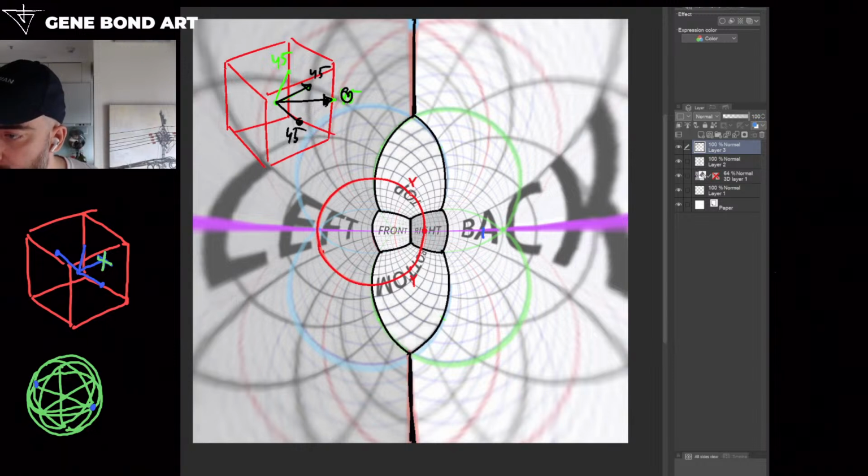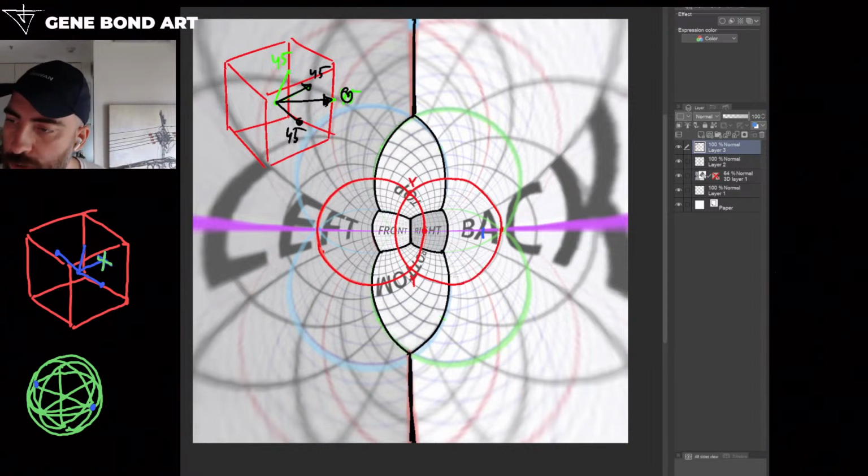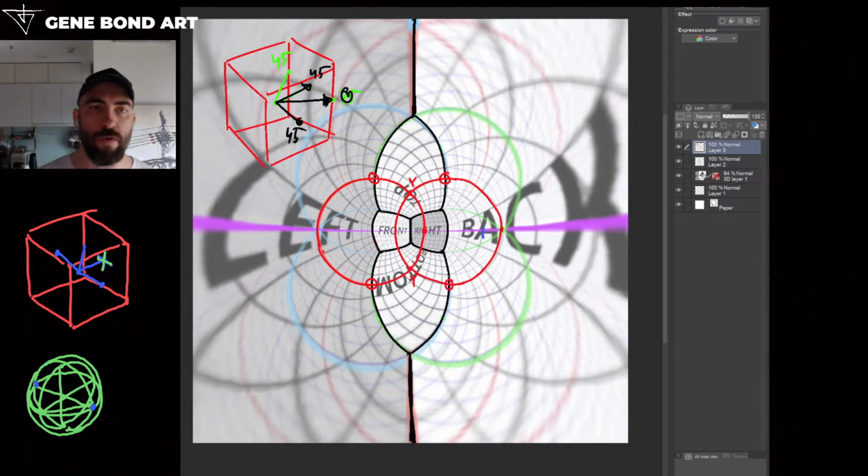Same like front side and back side. Also this circle goes through the center of corners, the center of these corners.